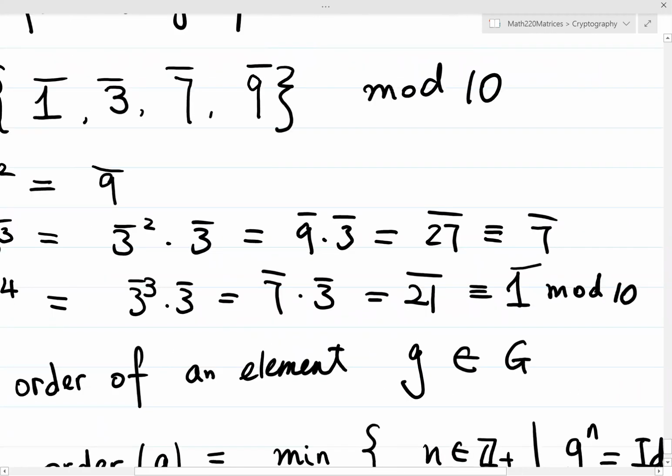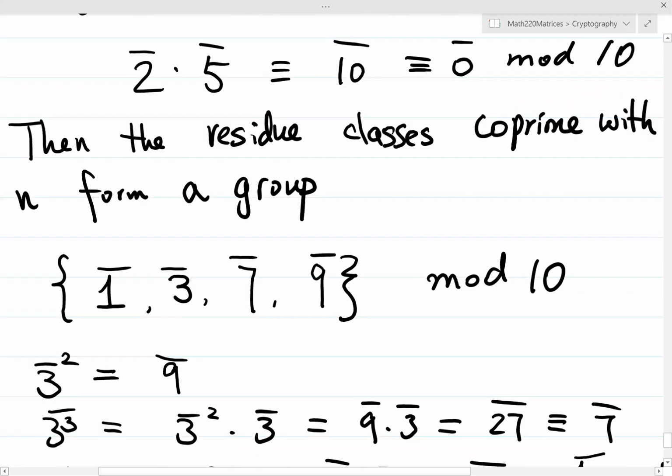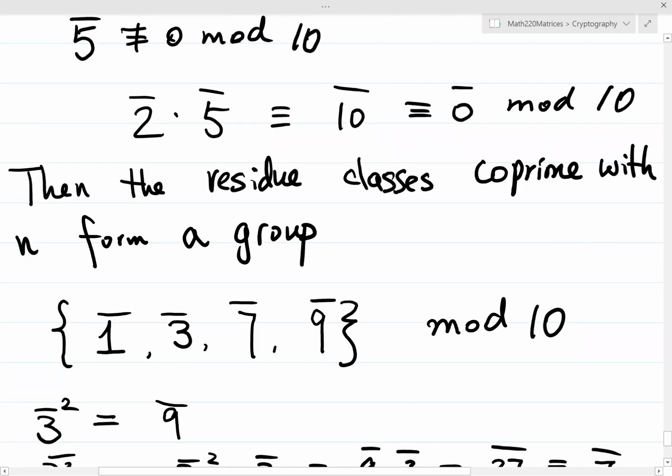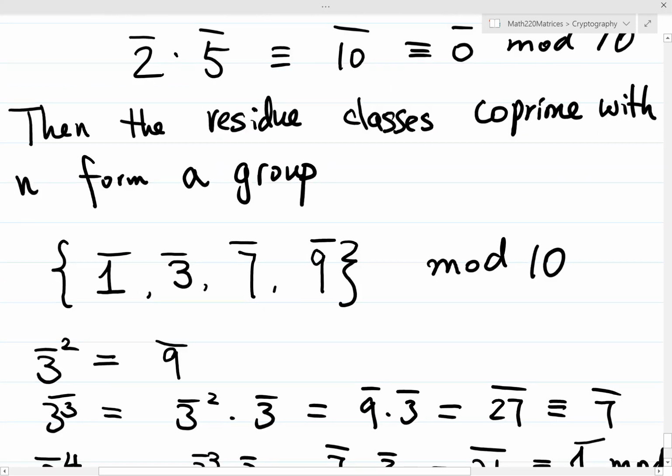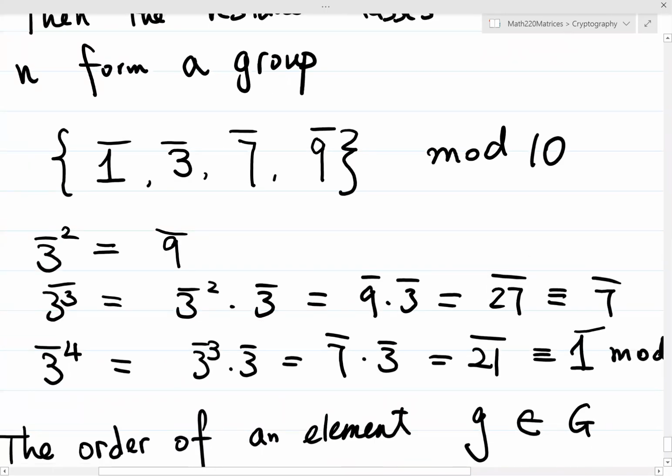Now let's see this example: 1, 3, 7, 9 mod 10. What is the order of the group? The group has 4 elements, so the group has order 4. Now what is the order of the element 3? We see 3 to the power 4 is the identity element, so 3 has order 4.